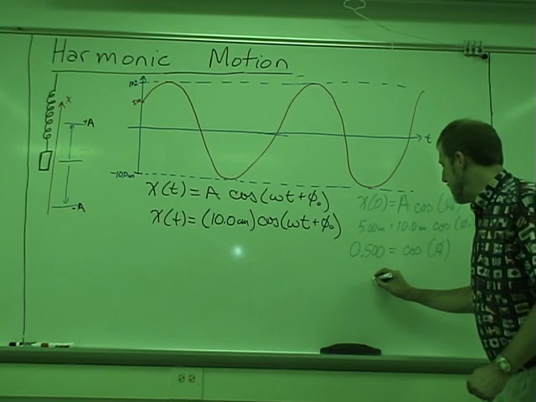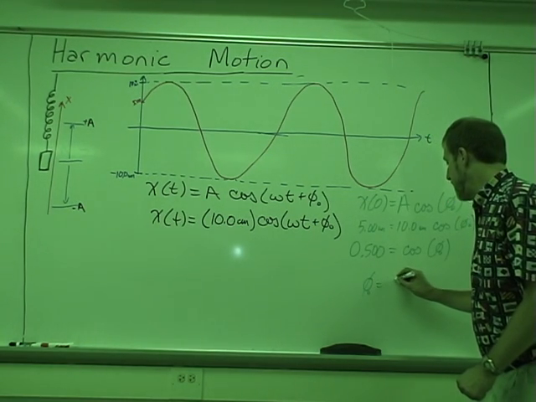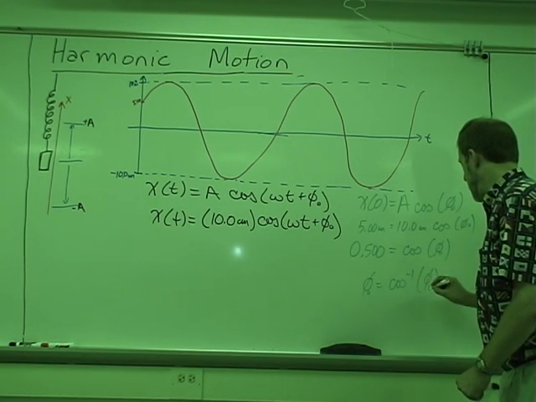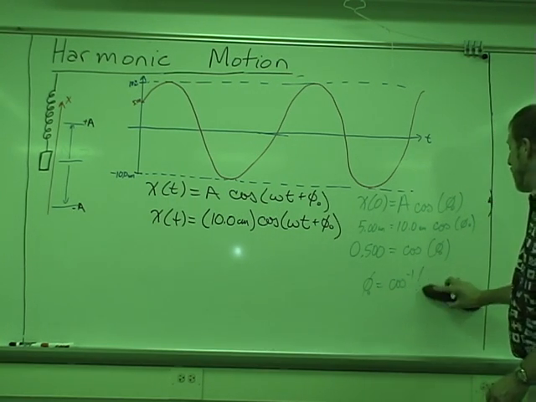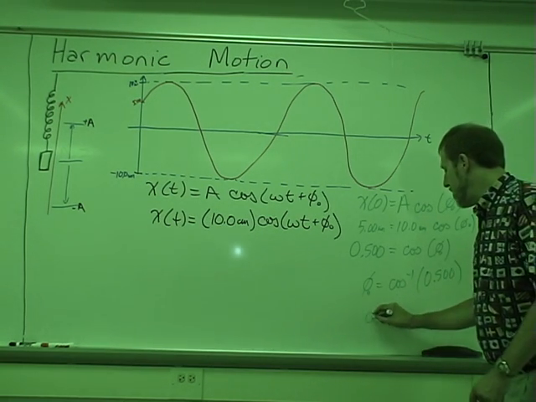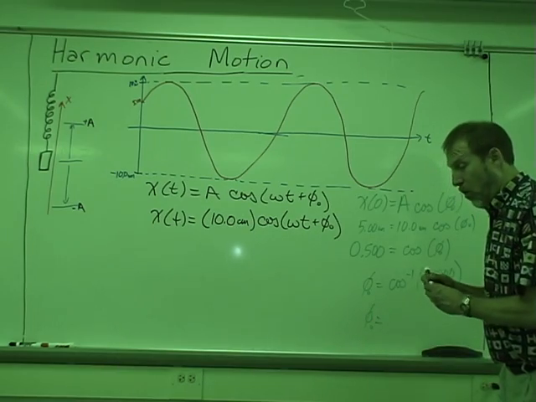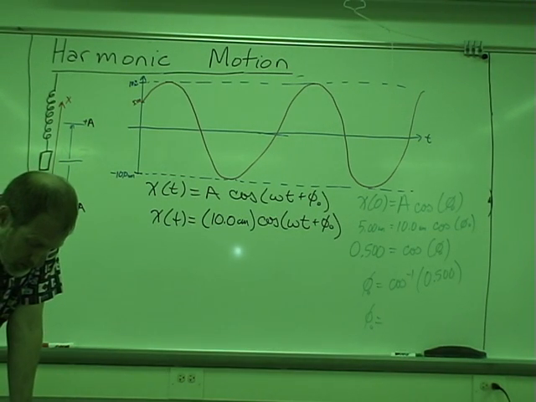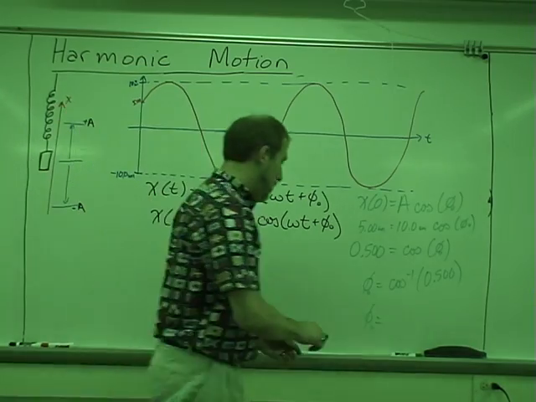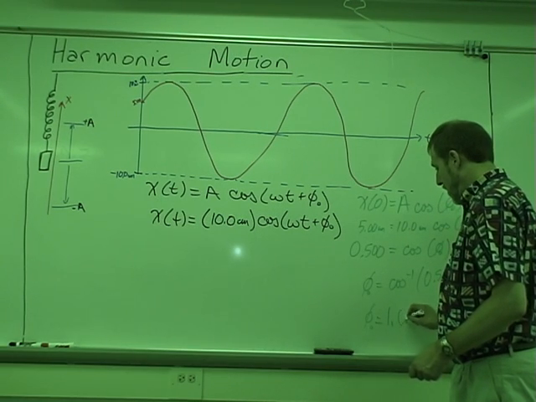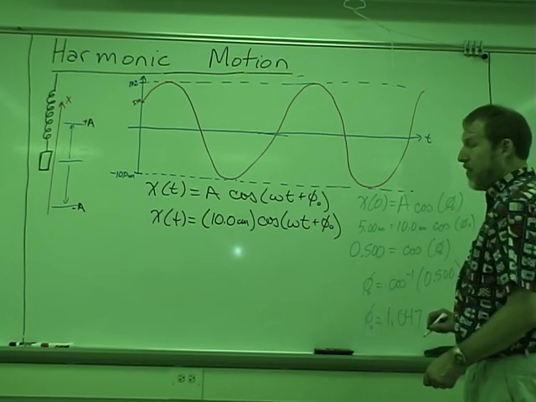Or that phase constant is the inverse cosine of 0.5, or that's 1.047, an intermediate step.